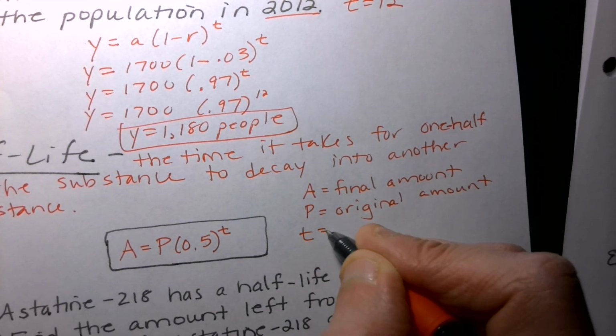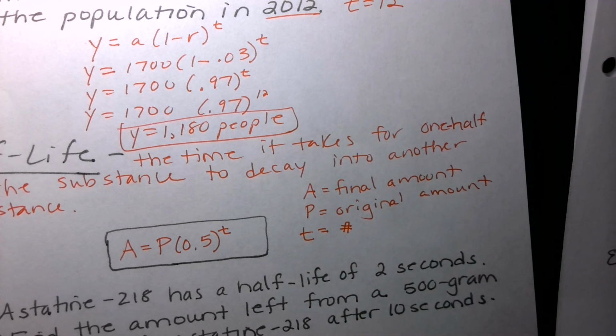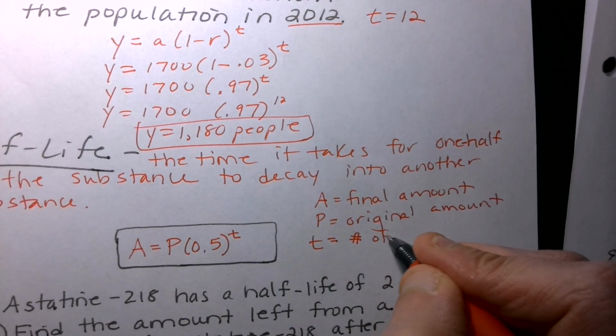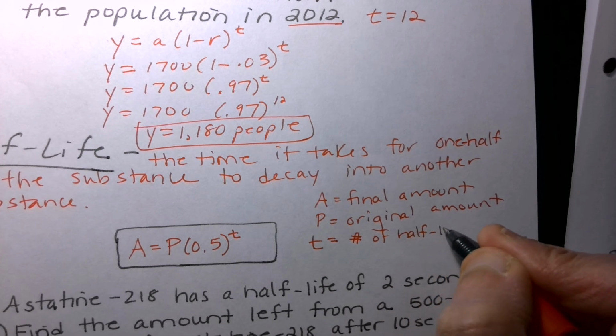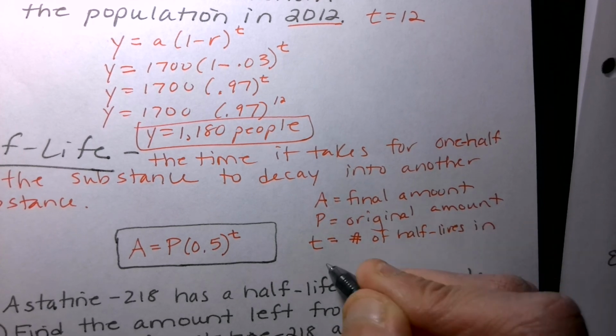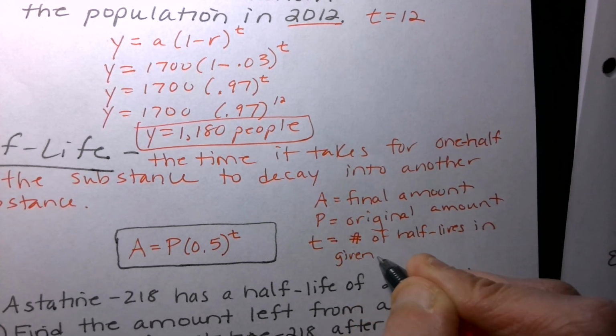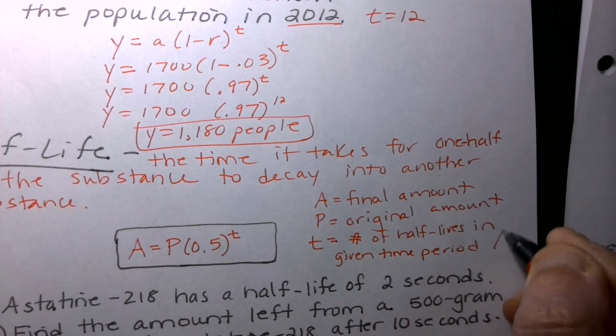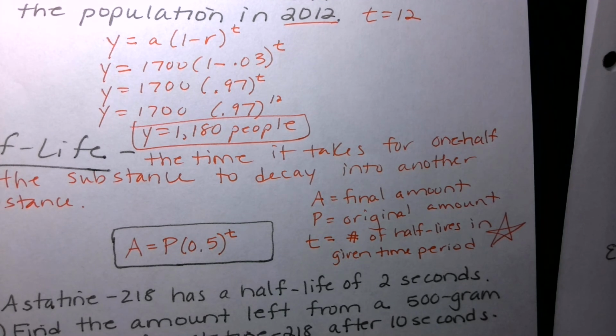And t is the number, this is the trickiest part. Okay, are you all listening? t is the number of half-lives in the time period. This you have to pay special close attention to. It's not quite as simple as our other t's thus far. Okay? So let's take a look.